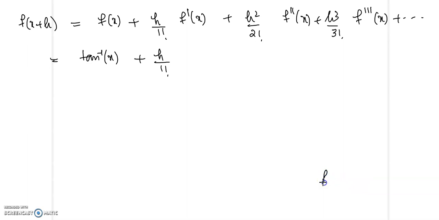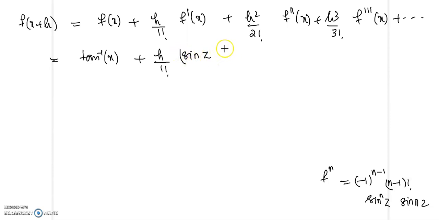Now we have fn as (-1)^(n-1) (n-1)! sin^n z sin nz by ... So f dash of x is going to be equal to, that is when n is equal to 1, sin z whole square by ... Then the second term we have h square by 2 factorial f double dash of x, that is when n equal to 2.